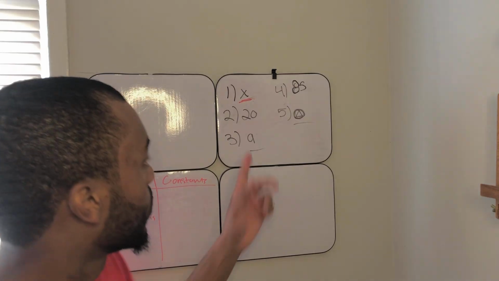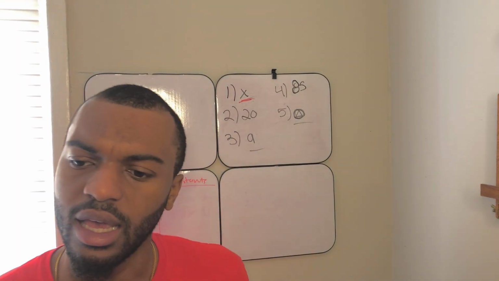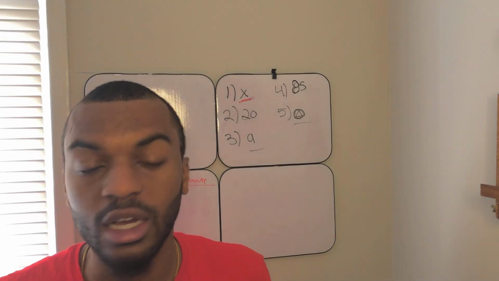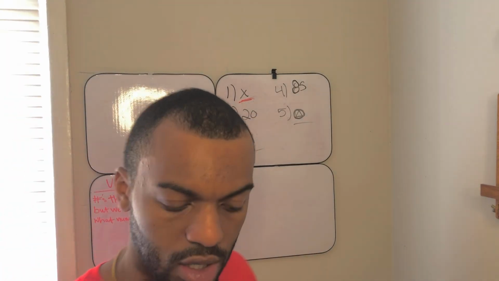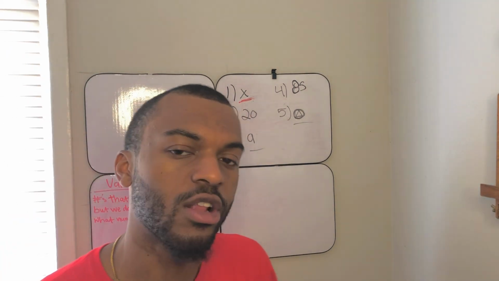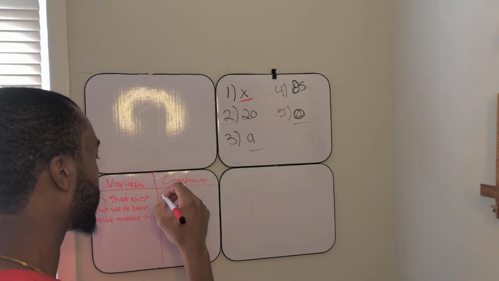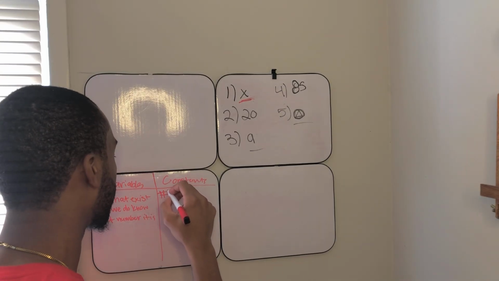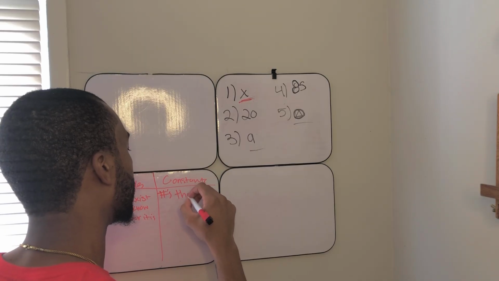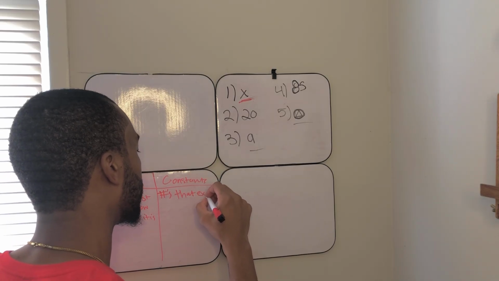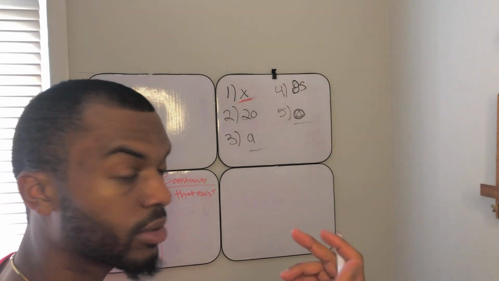So that's a variable. But going back to the second question, yesterday and all of the days before that, by the grace of God, most of us have had 20 fingers and toes. That has never changed. So that's what we call a constant. A constant is a number that, first of all, exists. Constants are numbers that exist, and we do know what number it is.